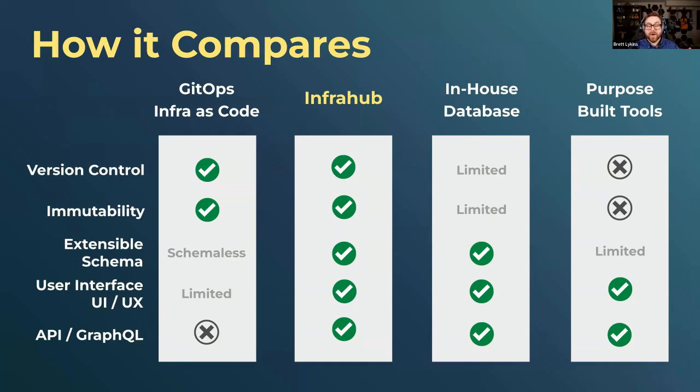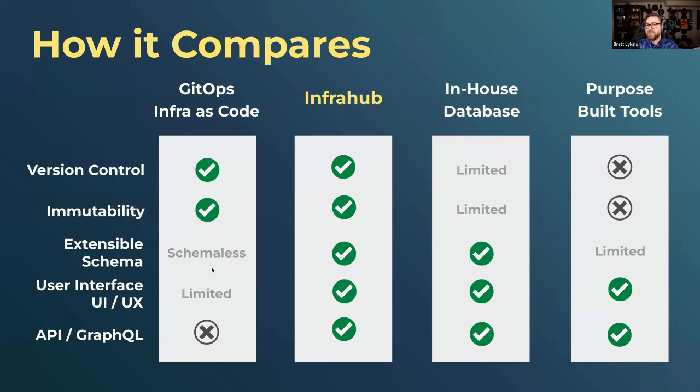So when we talk about what that looks like in comparison to other options and ways to document and automate your environment, Infrahub sits at a point where it checks a lot of the boxes of things that we've looked for in other similar situations. I've used GitOps to do full control of network equipment and servers, and you get a lot of that version control capability. There's immutability where you can see what has happened in the past.